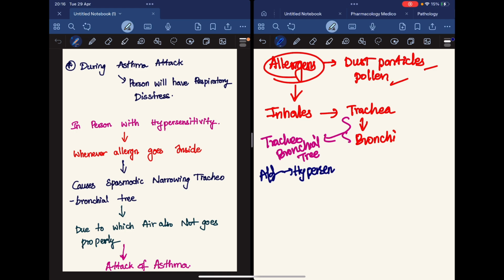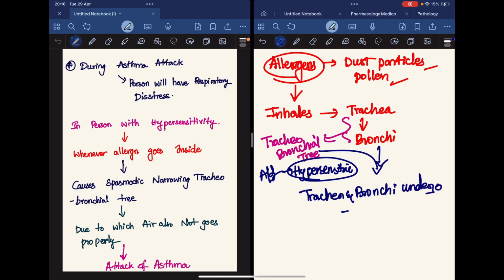So whenever the dust particle or allergen enters the tracheobronchial tree, the trachea and bronchi undergo spasmodic narrowing. Why do they undergo spasmodic narrowing? Because the allergen enters the tracheobronchial tree and the person is already hypersensitive.